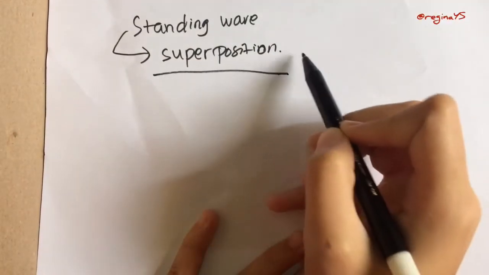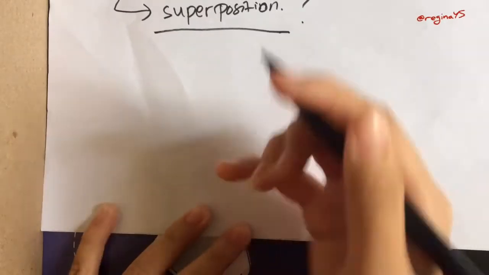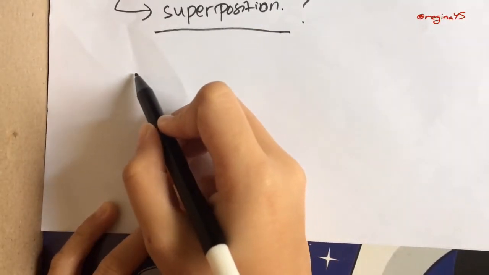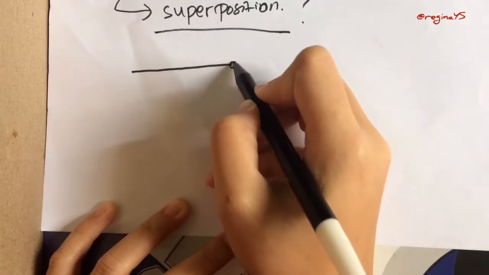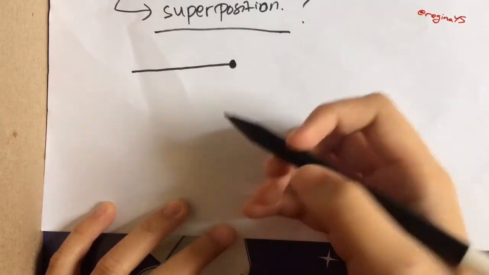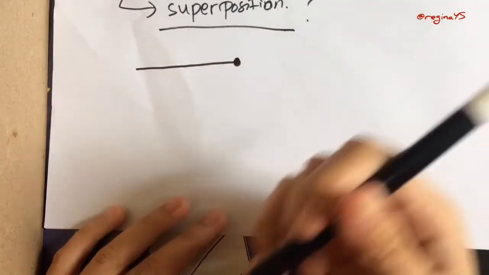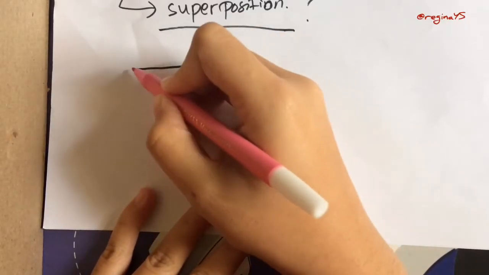But what is superposition then? Well, I'm going to demonstrate. Okay, so imagine that you have a string like this, with the end of the string having a boundary, and let's say you give this string a single pulse like this.